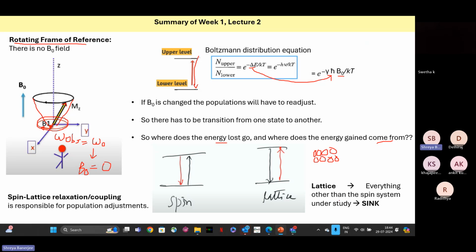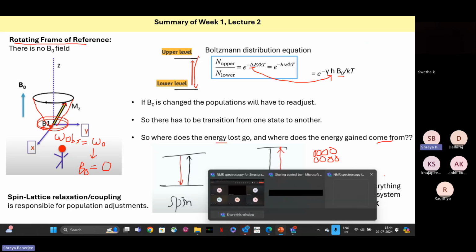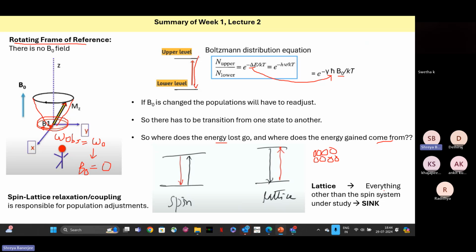Here we use the word lattice in a much more general format. Lattice represents everything other than the spin system under study. So suppose we are looking at a particular 1H proton. Any other carbon, nitrogen, even solvent molecule, anything connected to that 1H proton is considered as the lattice.